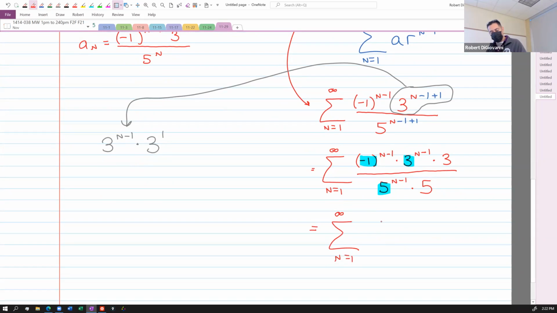So this becomes, let's see, these two out here, those don't have n minus 1 on them, right? So I'm just going to move that out to the front. 3/5. And then here, all of that together gives me negative 3/5 to the n minus 1.